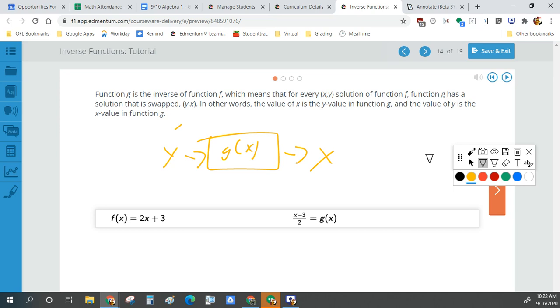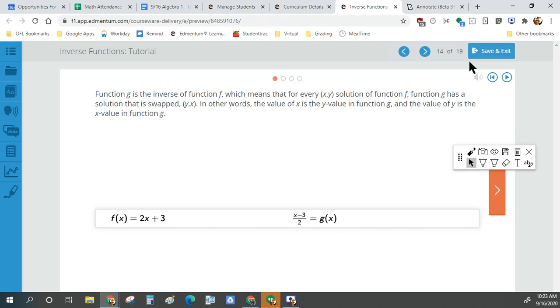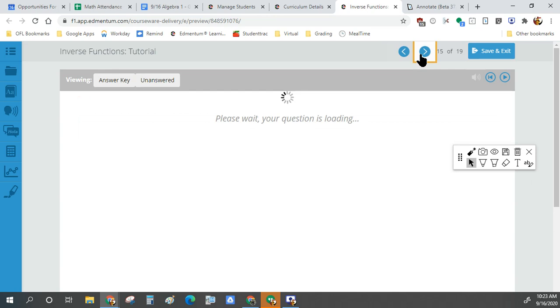So even though you would technically still call this an x, it's treating it like a y and it spits out an x. So it's g of x, but think of it more as g of y. It takes a y and spits it out. Remember, these are just letters. They don't mean anything until we give them meaning. So it's kind of treating it as if it's a y, even though it's calling it an x.